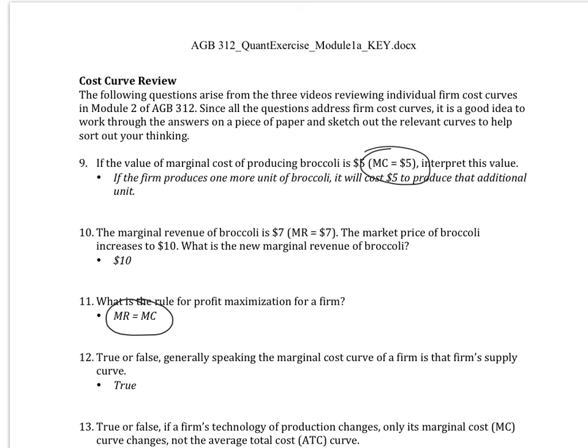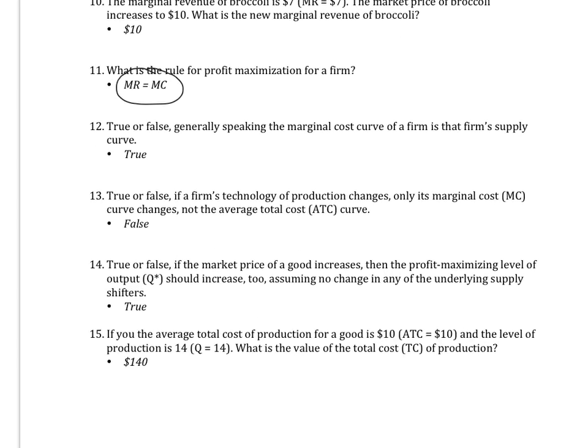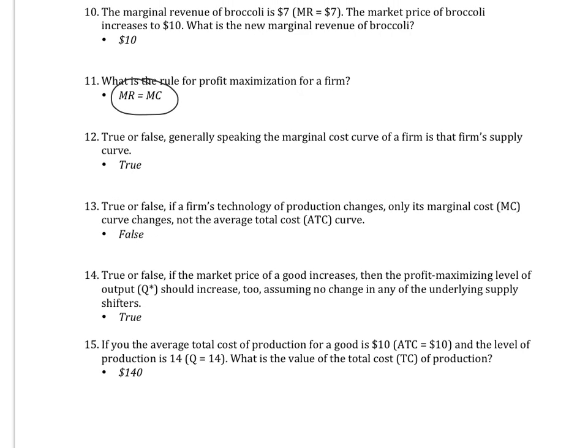In class, we've already gone through and practiced on a graph how to identify the profit maximizing level of output and identifying the level of profit based on total revenue minus total cost. So again, I would just have you look through this material and get a little more comfortable with looking at the implications of price changes, etc.